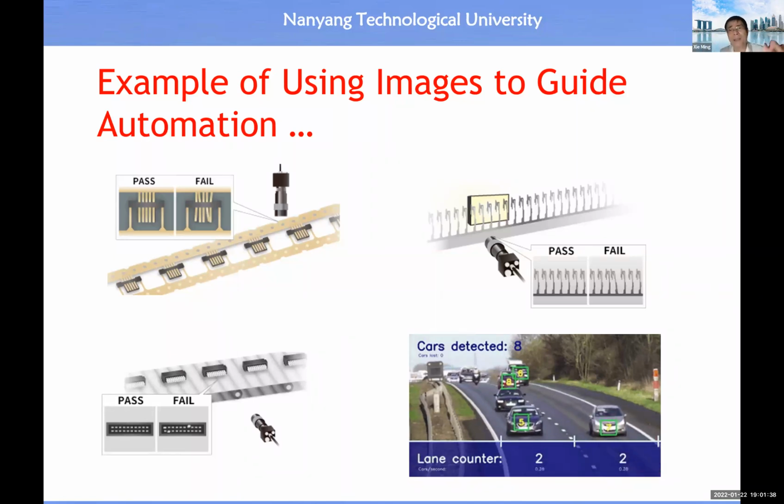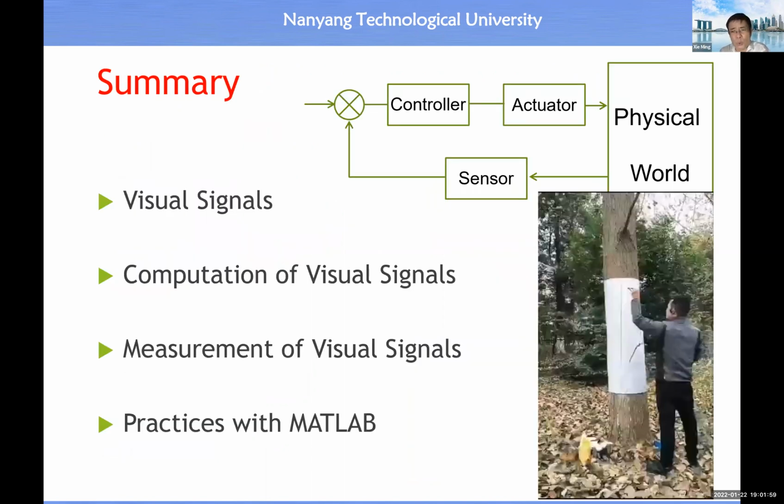Basically, you may have some application such as visual inspection to find out whether the product is good or no good. And eventually you may want to do traffic monitoring or calculate the traffic volume in the street, etc. All right. So you have a lot of applications in mind, which will motivate you to do image processing.